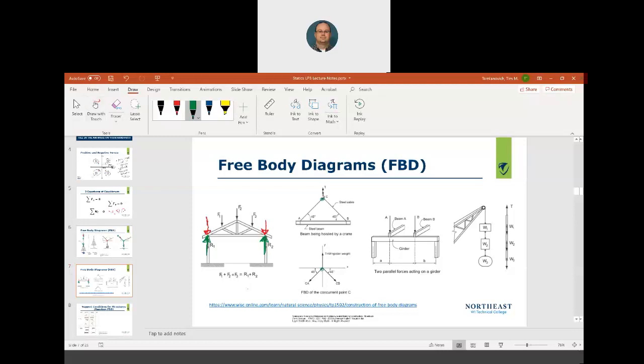So I know I have cable CA here, CA there, CB here, CB here, and then the weight of the girder, right? Because remember, there's a weight there from physics. This pulls down. So equal and opposite. So by making a free body diagram, I can now solve the forces, the tension in these cables CA and CB.